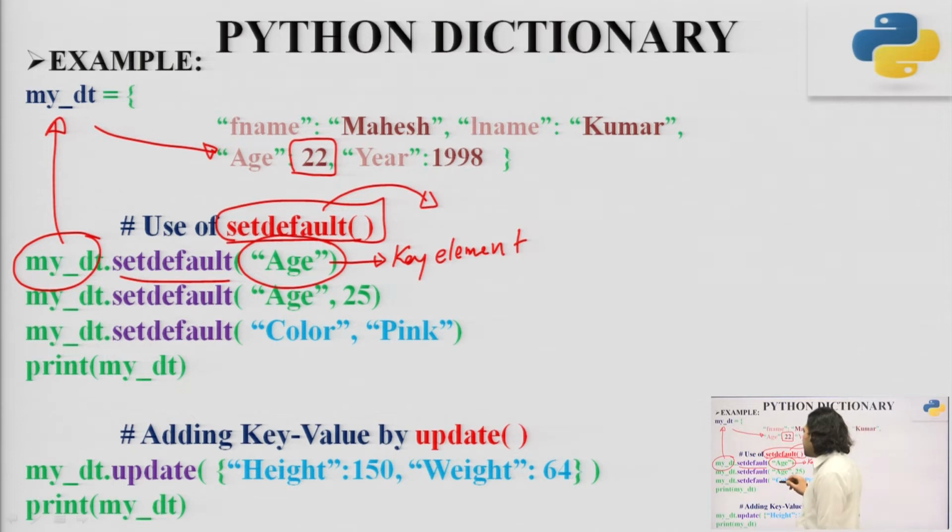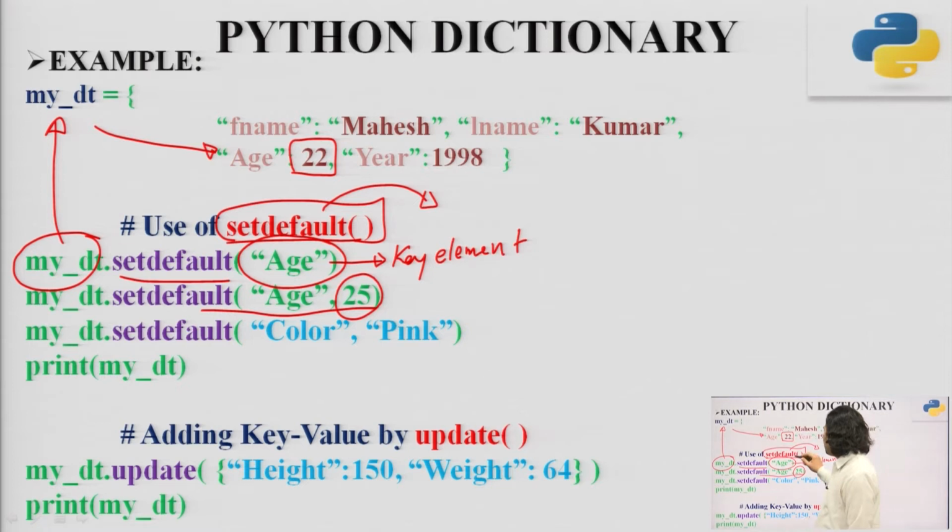That means, as per setdefault, if the key element is not present, that key element will be added with the default information you have mentioned in the statement. Look at the next one. Again we are setting the default for the age key element as 25, but it is already set as 22 by the user.